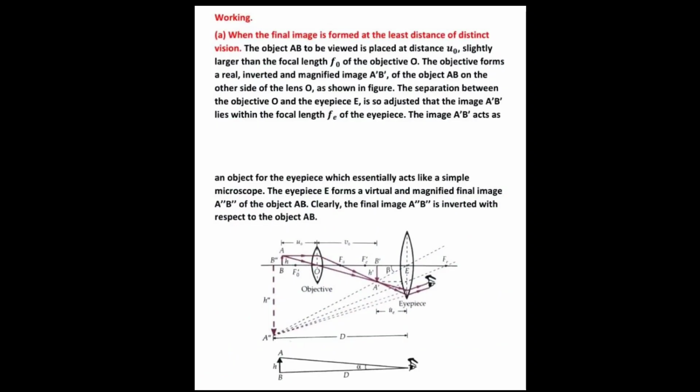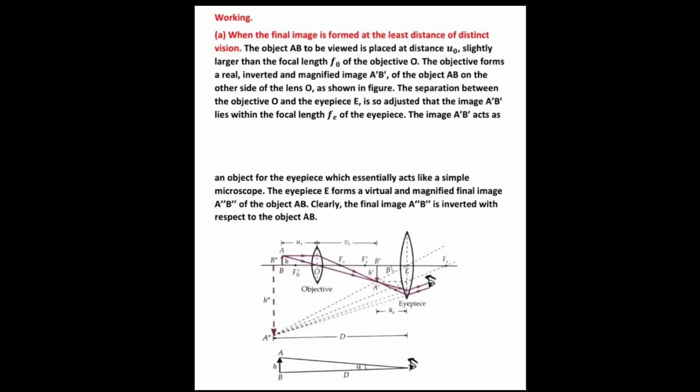Now we are going to understand the working. First of all, look at the diagram. There are two lenses. One is known as the objective, which is near to the object, and the other one is known as the eyepiece. So first, when the final image is formed at the least distance of distinct vision, we have an object which is named AB.